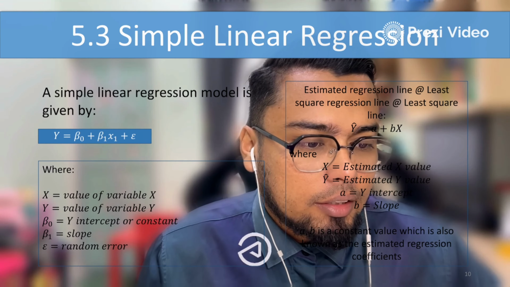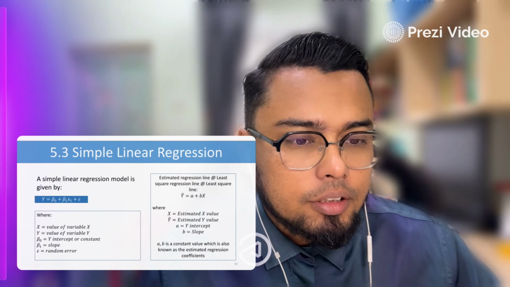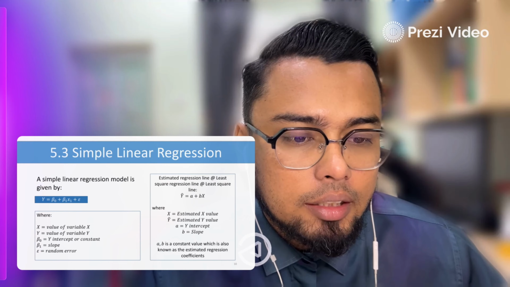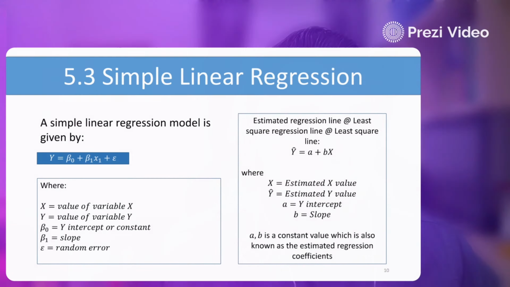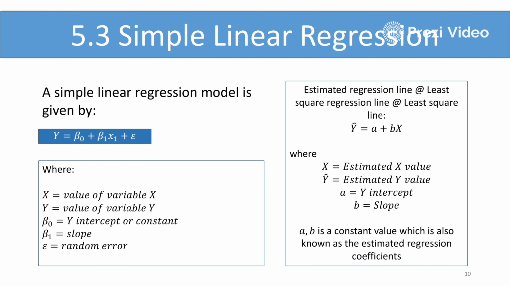And if we look here, the simple regression model is given by the general equation on the left side, where x is the value of variable x, y is the value of variable y, beta naught is the y-intercept or constant, beta 1 is the slope, and there is a random error.